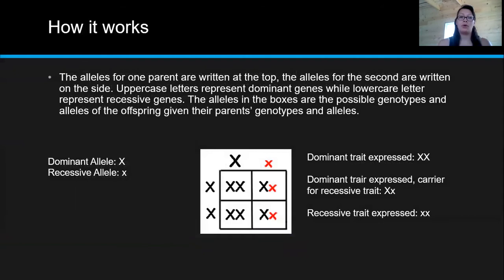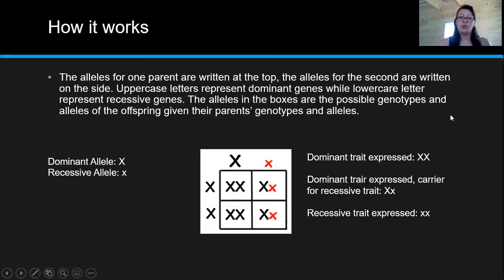How it works. So the alleles and genotypes for one parent are expressed at the top of the graph, and the genotypes and alleles for the other parent are expressed along the side, as you can see here. So a dominant trait here is expressed as an uppercase X, and a recessive trait is expressed as a lowercase.